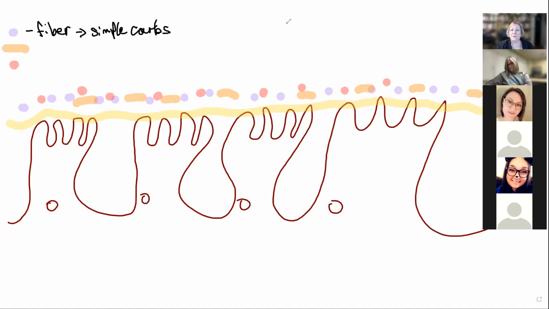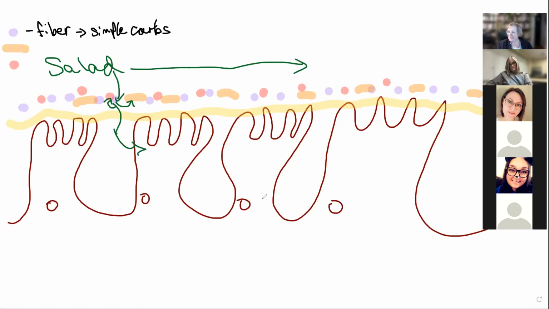Okay, so in the salad that I ate for dinner, I've got salad floating along here. These purple guys are going to eat the salad, and then they're going to make stuff that these guys and these guys can eat, and my intestinal cells can eat. Okay, and then we're going to say that these guys produce a vitamin.